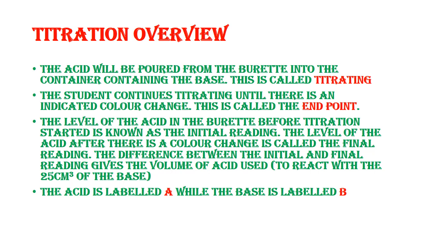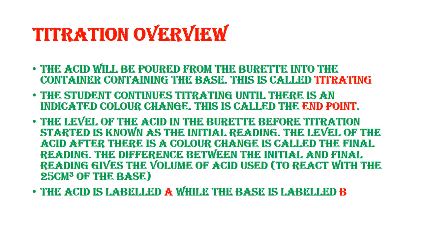If you press the ball, it opens, and the acid inside pours into the base. That is what we call titrating. The student continues titrating until there is an indicated color change, like I told you. The color will change to show that the acid poured into the base has reacted completely with the 25 centimeter cube of the base.